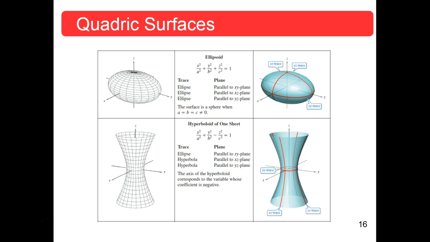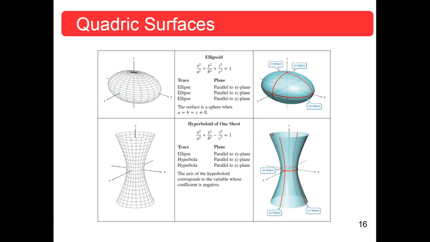No way you could get 1 out of it. The only way you could be at this point is if y and z were both 0, and then you're at x equal a. So that's the intersection. Minus a here, plus a here, minus b, plus b, minus c, plus c. Anywhere beyond that is not defined.